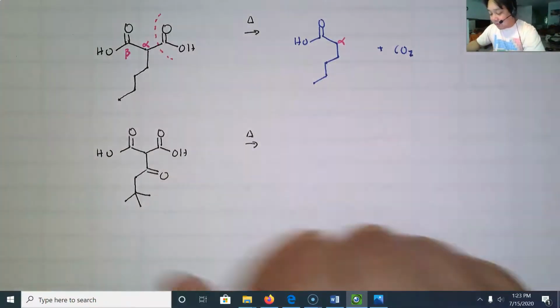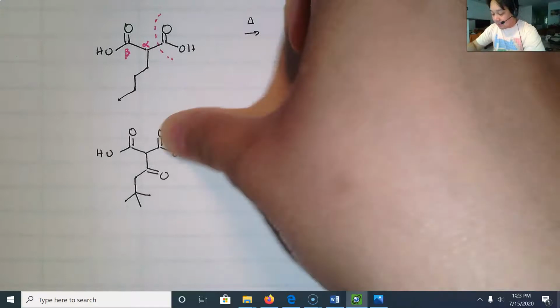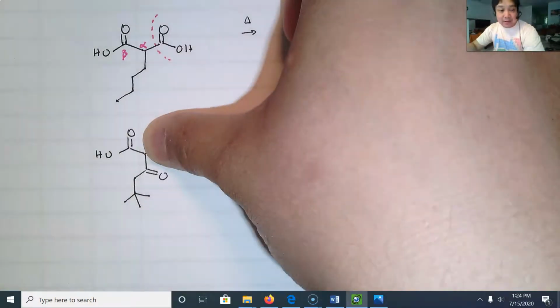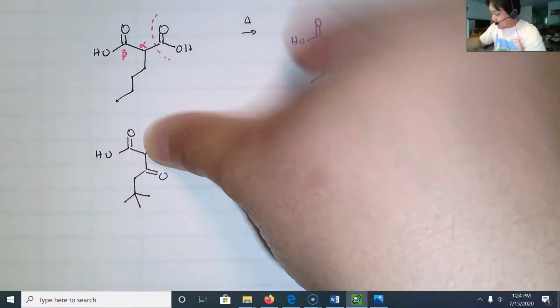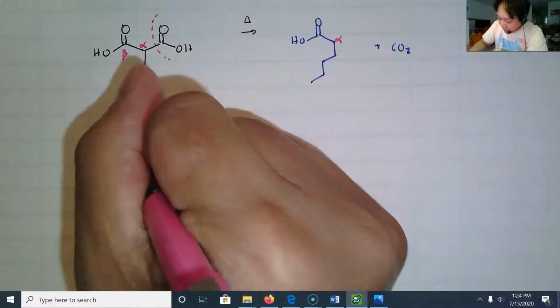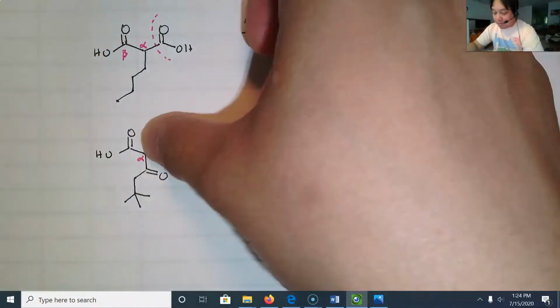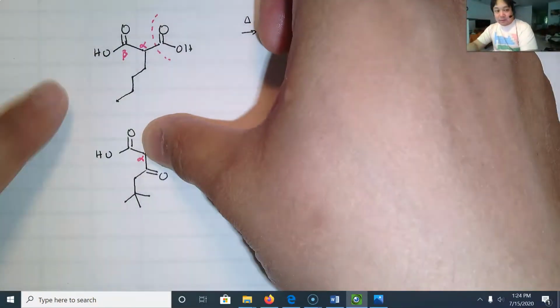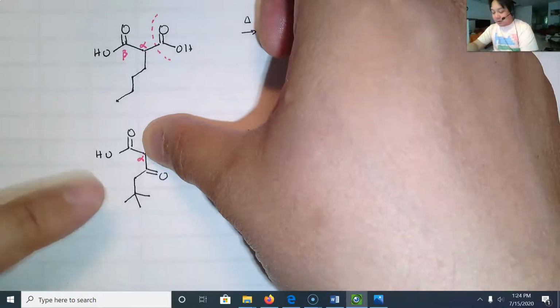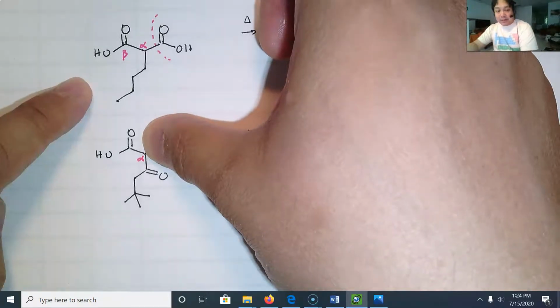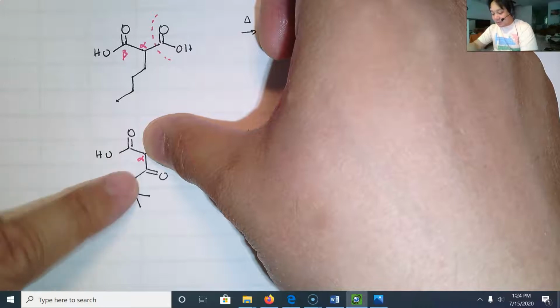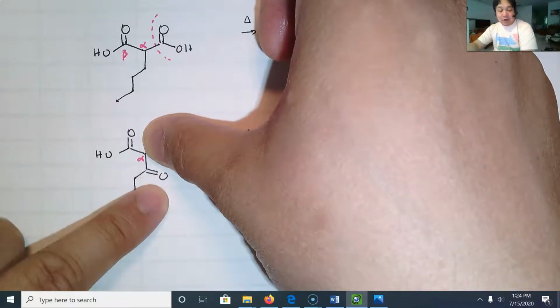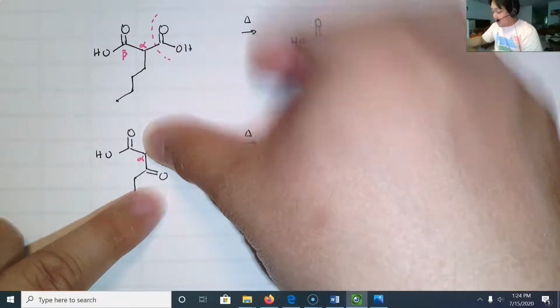Let's remove the one on the right now, like we did before, and we get that. You keep the alpha carbon. What's different between the molecule at the bottom and the molecule above it is that in the beta position, we have another carbonyl group, or a keto group.